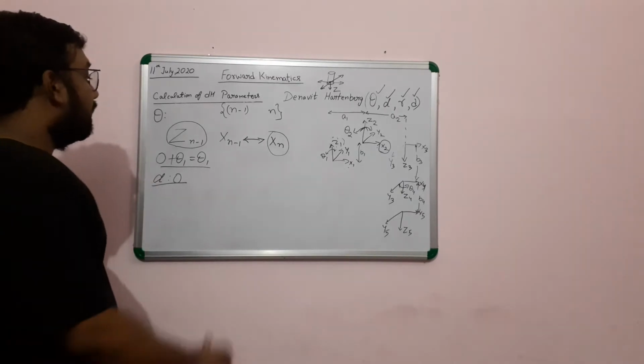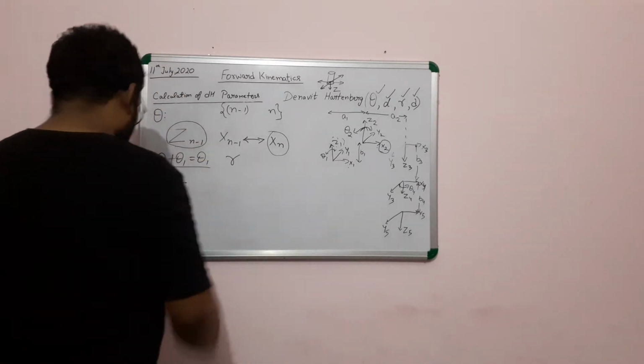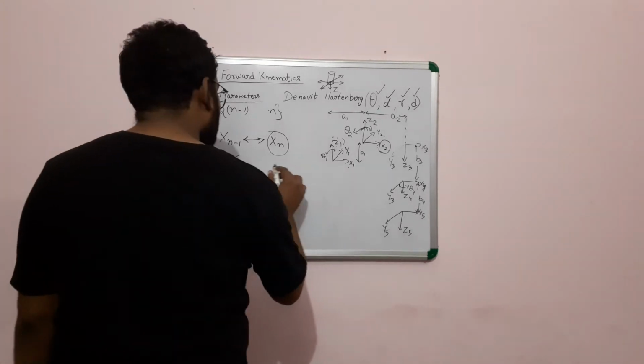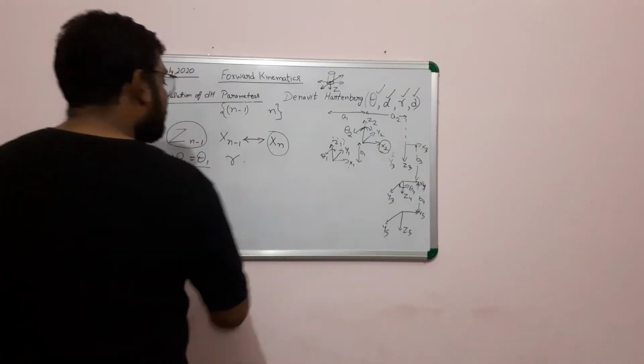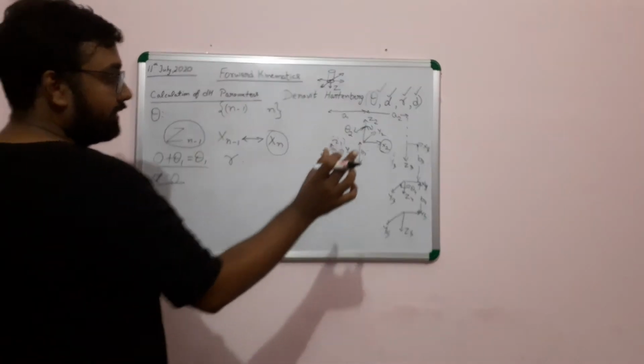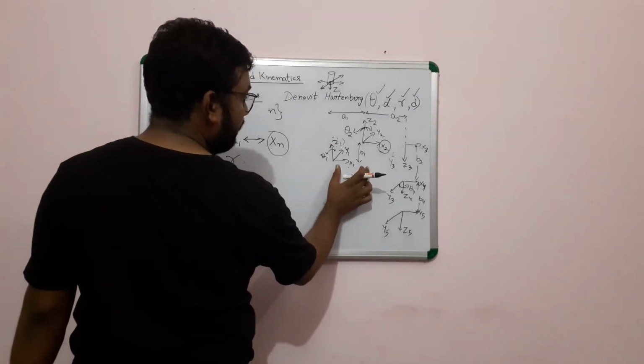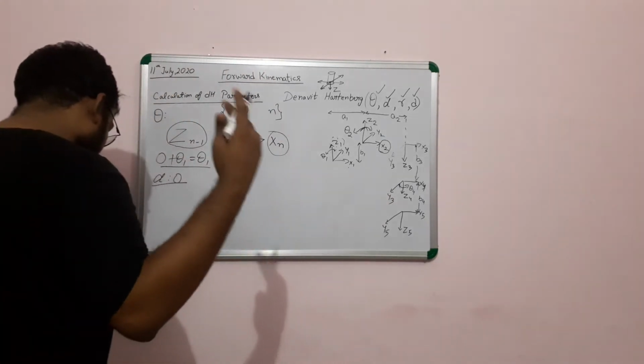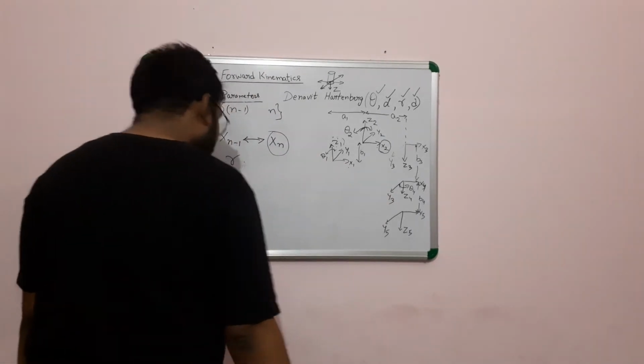Okay. The next thing, what is r? It is a displacement which is measured from center to center, like center of first frame to the center of second frame in the direction of xn, right?